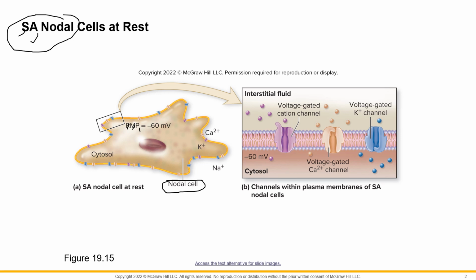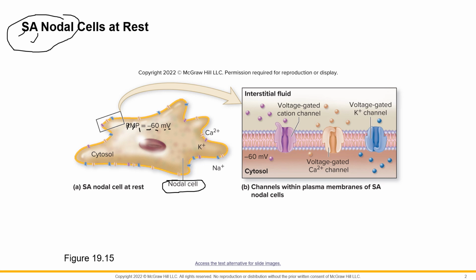Now here in your sinoatrial nodal cell, which is currently at rest, the resting membrane potential is negative 60 millivolts. So that means that the inside of the cell is negative 60 millivolts.